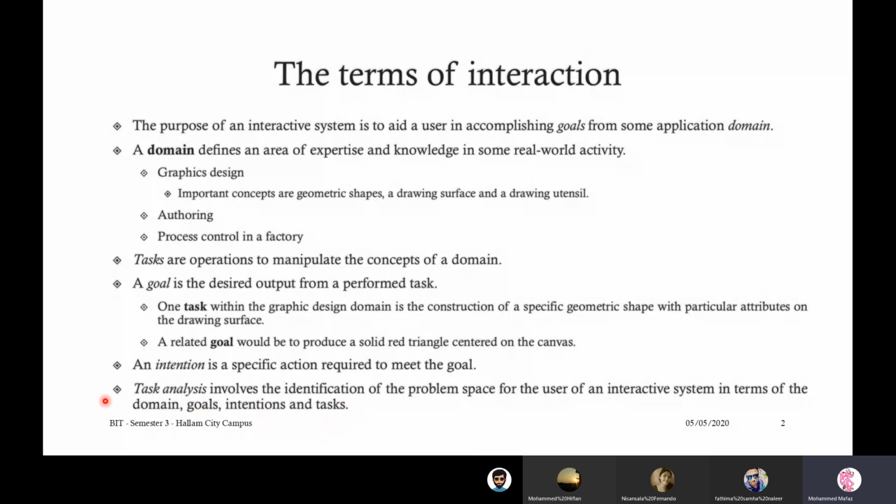That kind of analysis is known as task analysis. So you do a task analysis and decide whether this user needs to interact with the system or whether the system needs to inform something to the user. So that kind of a study is called task analysis.